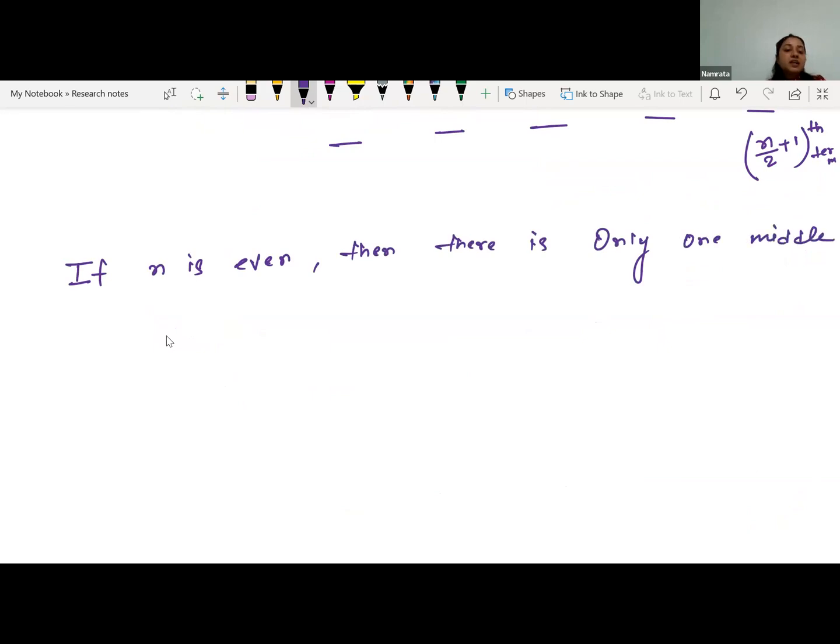Because when you expand it, you will get an odd number of terms, and eventually you will be able to figure out one middle term, and you will take it out from the formula n by 2 plus 1th term. Again, I am repeating, when n is even, you will get one middle term. Why? Because when the power is even, your number of terms will become odd. So easily you will be able to figure out which one is sitting in the middle.